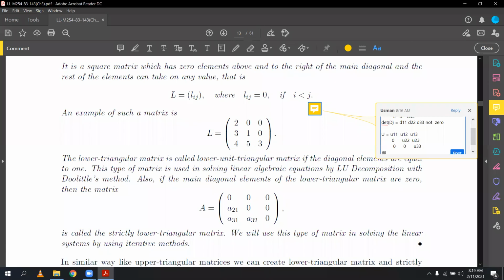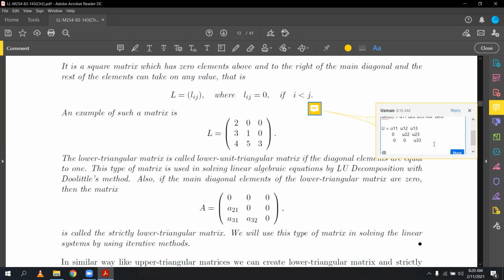This is the shape of the upper one. And even if at least one of the diagonal is 0, we still call it upper. But our wish is that all the diagonal elements should not be equal to 0.